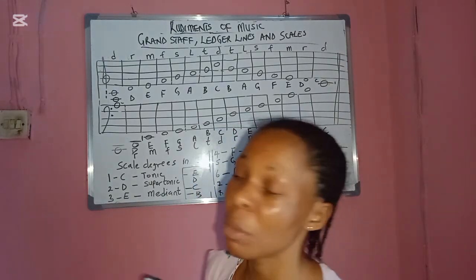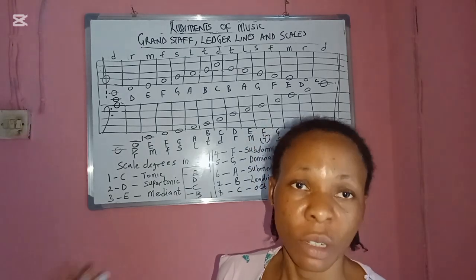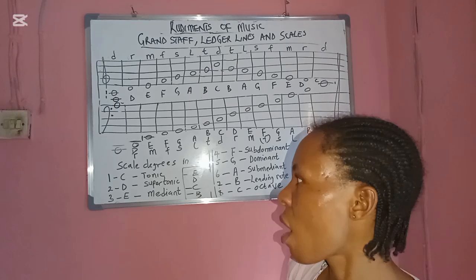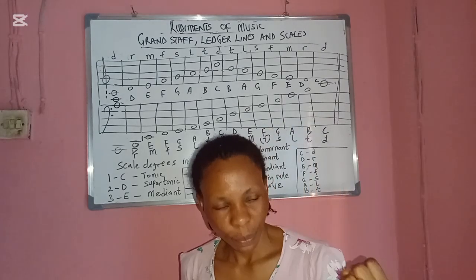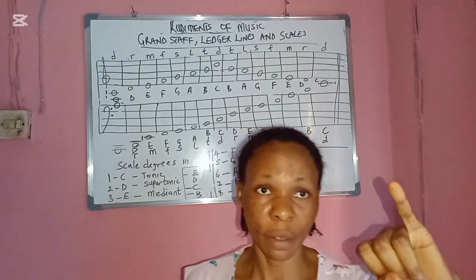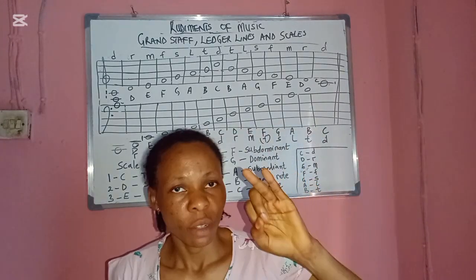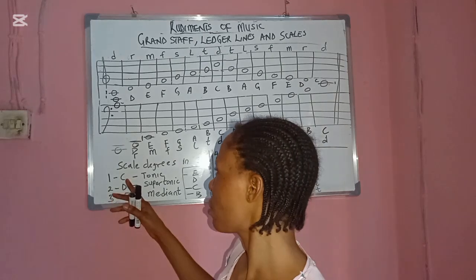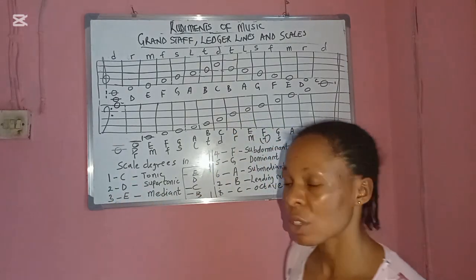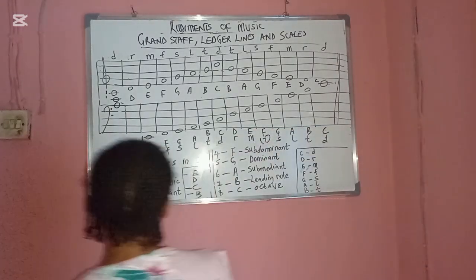I may just be saying mediant, subdominant, dominant, leading note, subtonic, whatever I may want to use. Okay, so in scale degrees, do is called tonic. Re is the second degree. You don't go and call D supertonic in another place, because it won't be so everywhere.